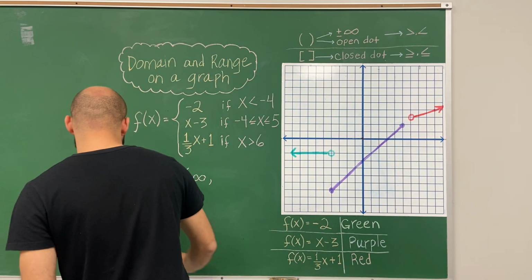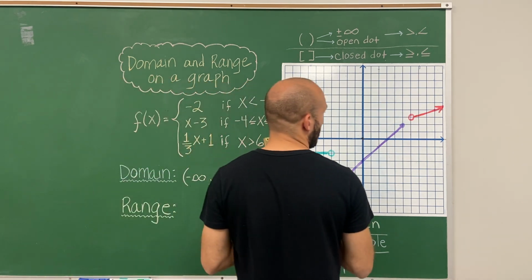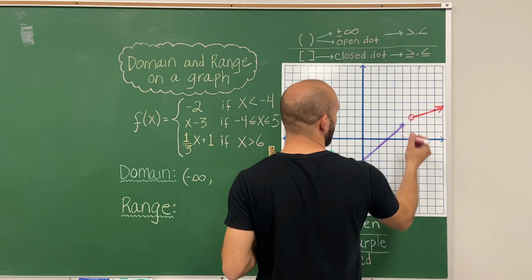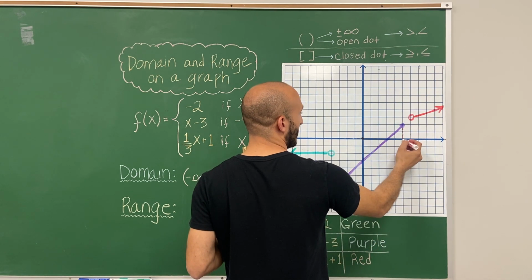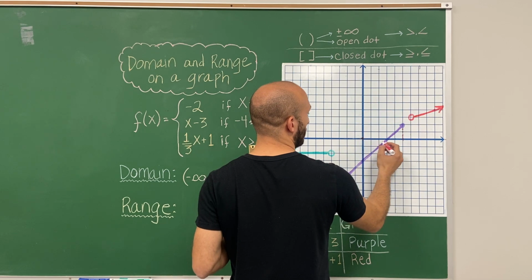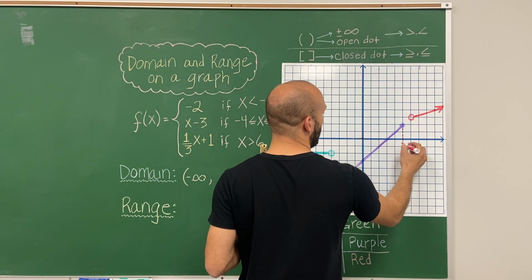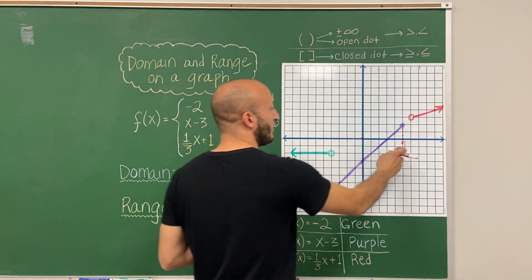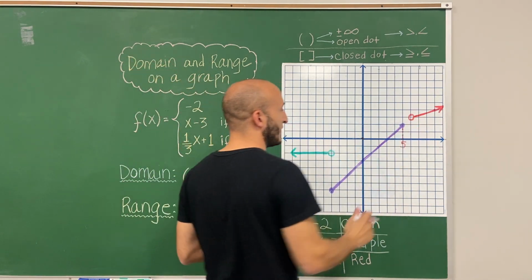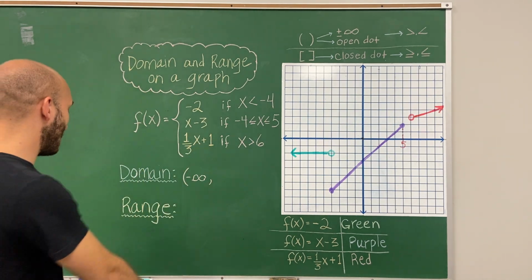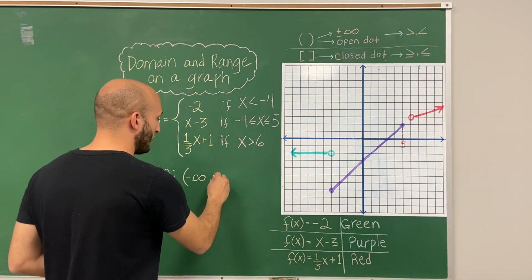So if I look here, since we're looking at our domain, I go down to my x-axis and I count. It's to the right, so it's positive 1, 2, 3, 4, 5. So at x equals 5, there's a closed dot, which means it ends there, and it ends on that actual value. So I'm going to write a 5.